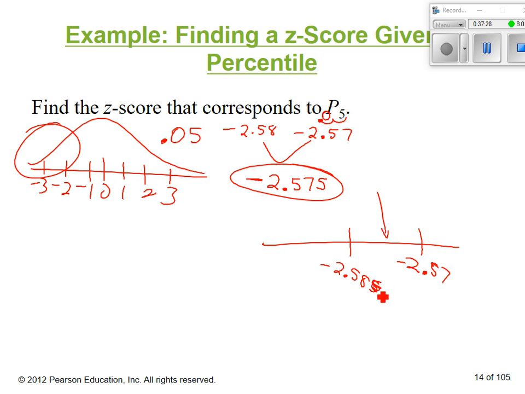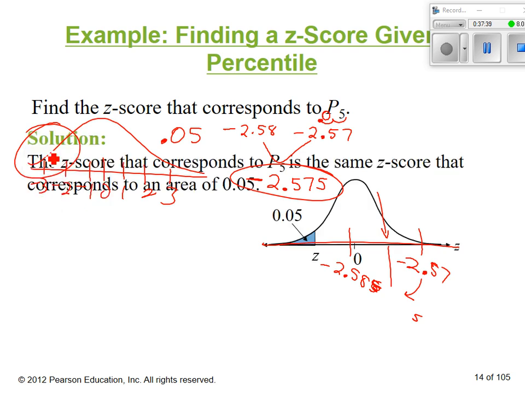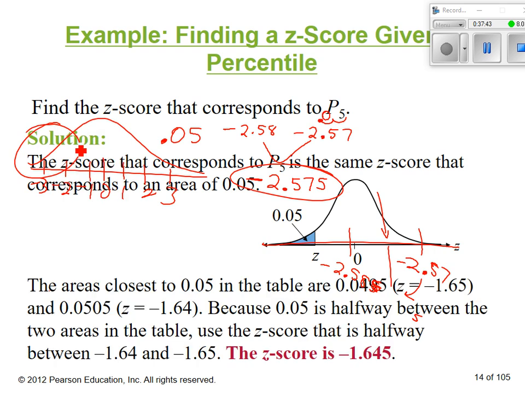We just want that with the 5 on the end, right? So that's what it should be at that. See if we did it right.